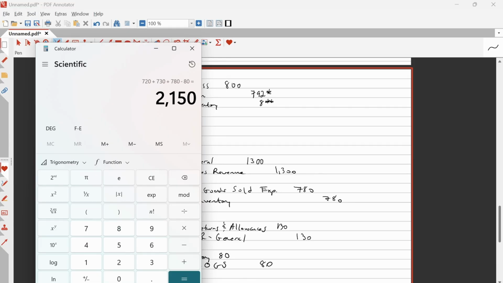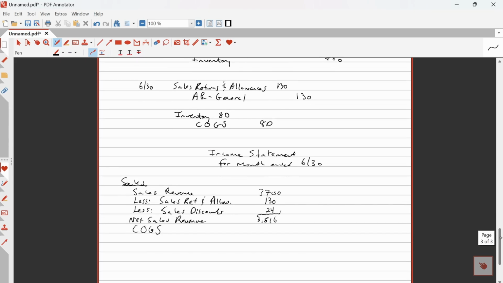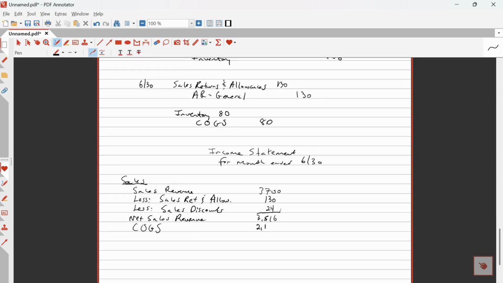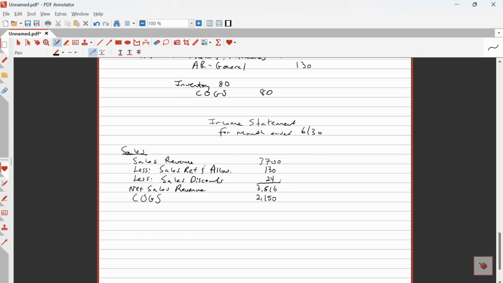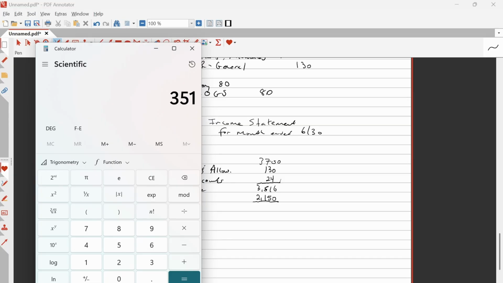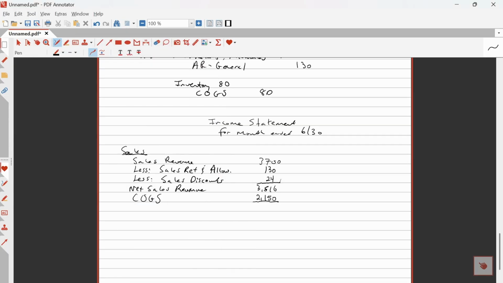You should have a balance of 2150 at the end of the month. So sales minus COGS is, or we don't need to put, everybody knows it's a subtraction. You don't have to put that. $1,366. That would be our gross profit.